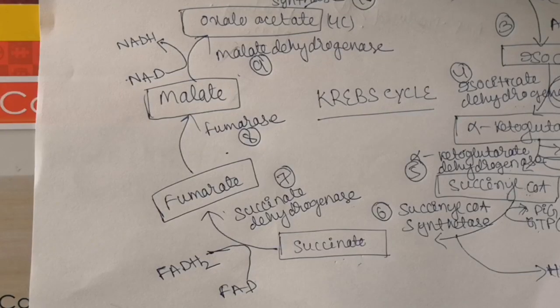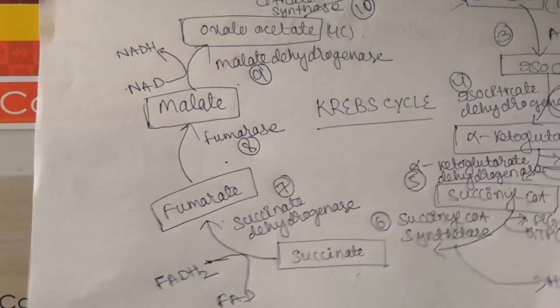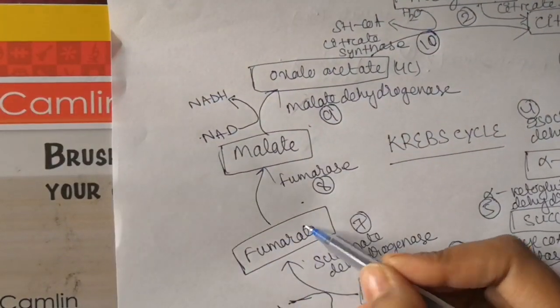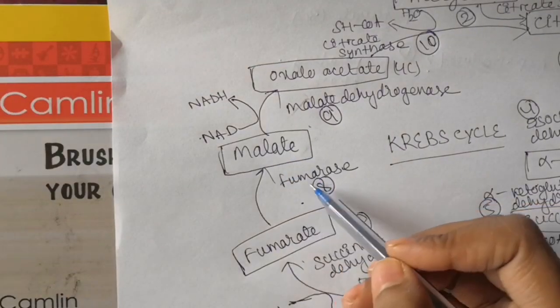In this reaction, a molecule of QH2 is also generated. Then fumarate is converted into malate by the enzyme fumarase. This is the 8th reaction.